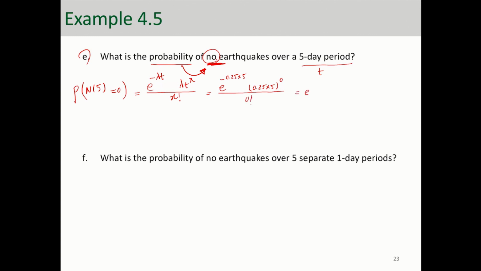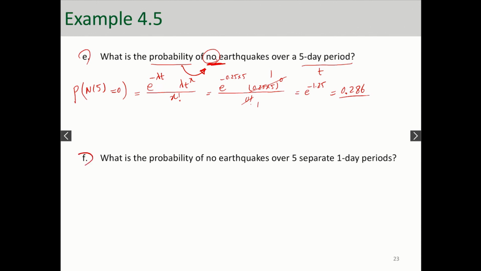It's going to be e to the negative 1.25. So this is 1, and this is 1. So 0.286. So about 28% chance to see no earthquake in a 5-day period.